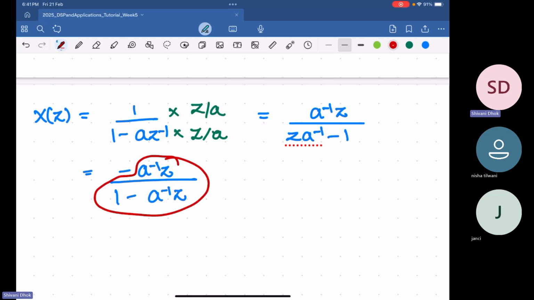Now this part is again, so what is this?